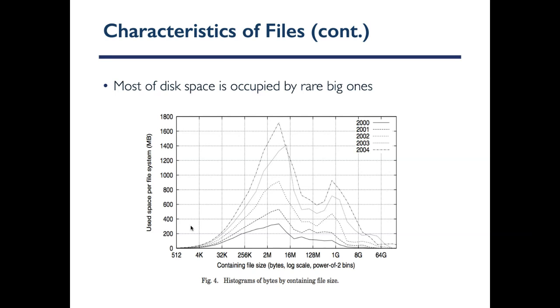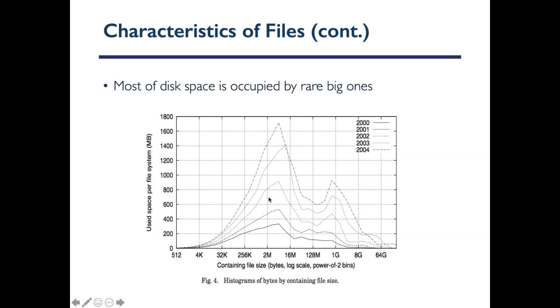So if you divide, on average, this is 300 megabytes, and each file is 2 megabytes, so you basically had 150 of them. So you had 150 files on average, and in total they would occupy something around 300 megabytes in your file system.